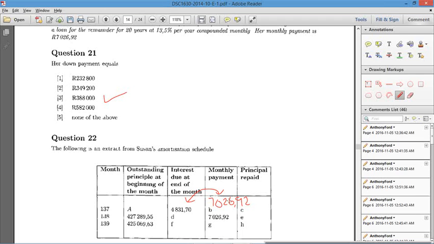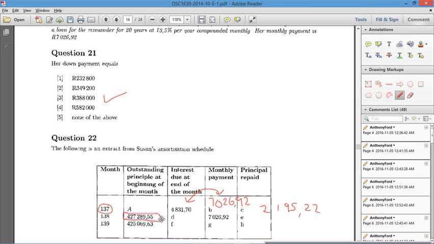So 7026.92 less 4831.7 equals this amount, 2195.22. Right, and this is what I had after I've made that 137th payment.